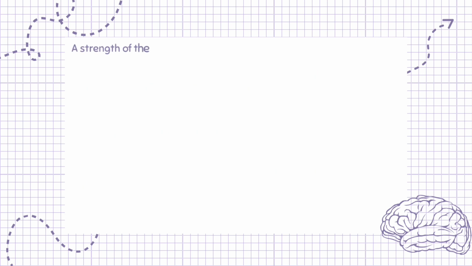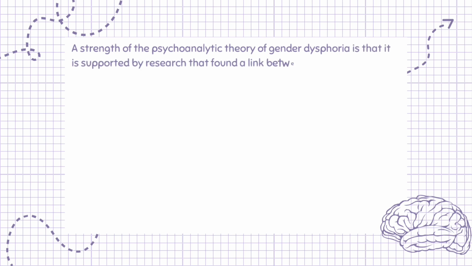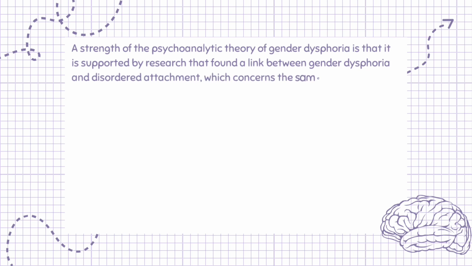A strength of the psychoanalytic theory of gender dysphoria is that it is supported by research that found a link between gender dysphoria and disordered attachment, which concerns the same emotional bonds and distress experienced in a relationship as separation anxiety.